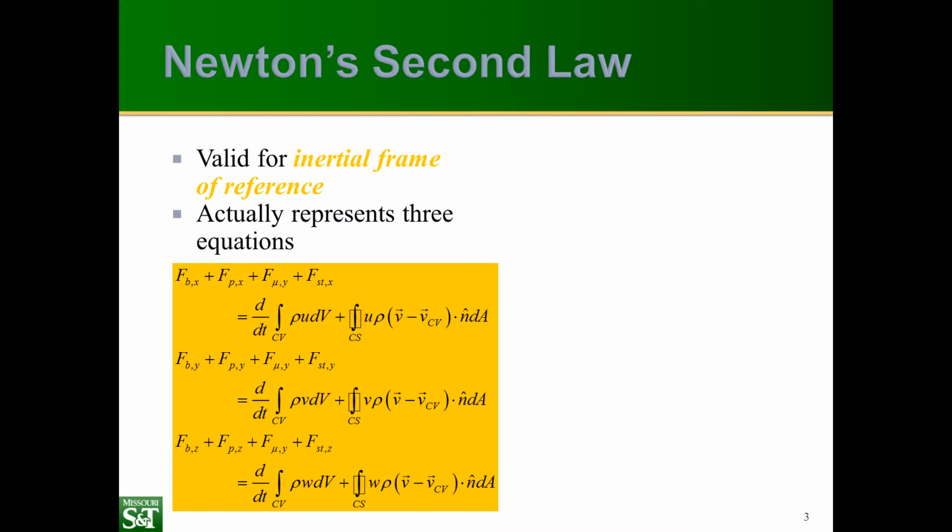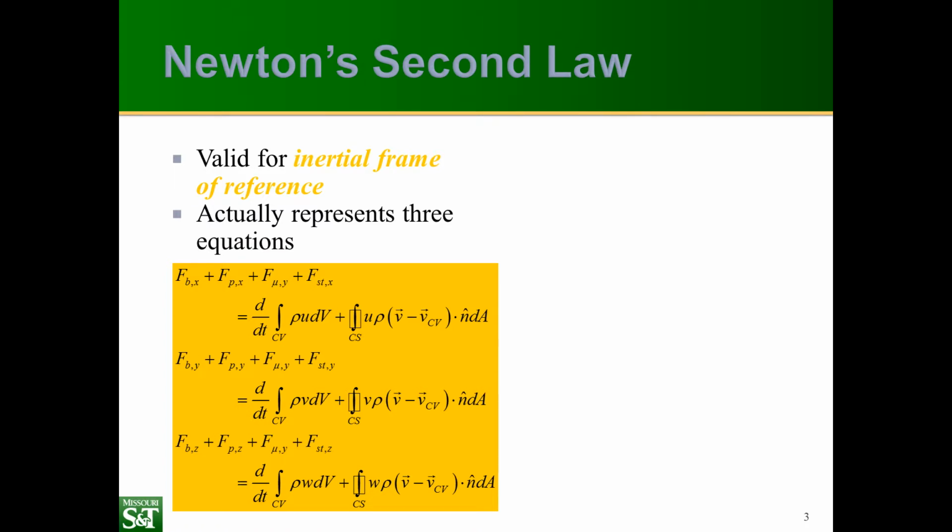Most of the time for this control volume unit, we're going to ignore the viscous forces, the friction forces. So then we just have body forces, pressure forces, and other forces. And then we have one in the x direction, one in the y direction, one in the z direction.